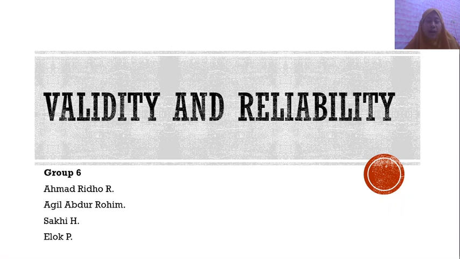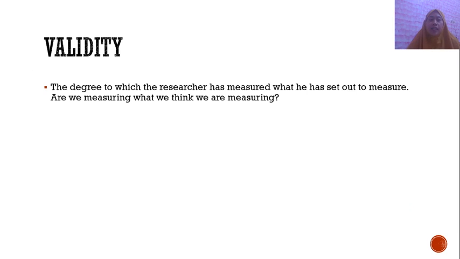It refers to how accurately a method measures what it is intended to measure, how accurate our instruments are to measure our research question. So here, as you can see on the screen, validity is the degree to which the researcher has measured what he has set out to measure.